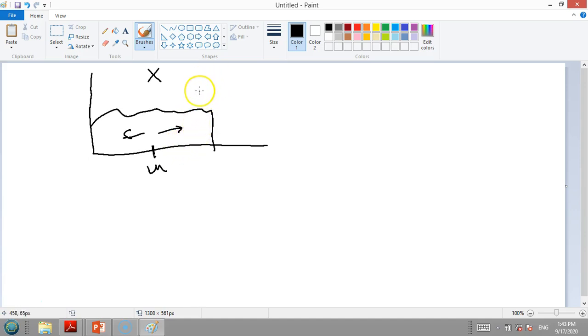And so I say the expected value of x is mu, okay, and the variance of x is sigma squared, and the standard deviation of x is sigma. So the average distance from the mean is sigma. This is the standard deviation.